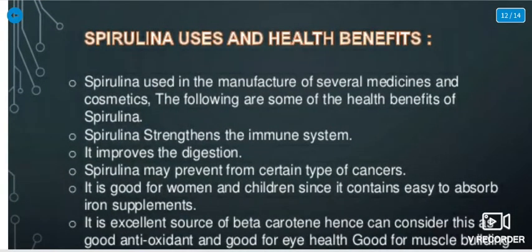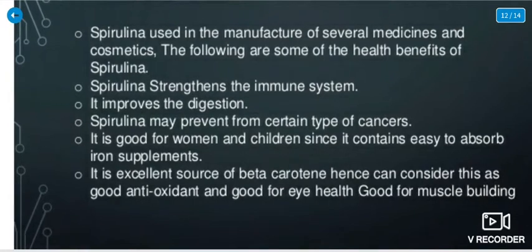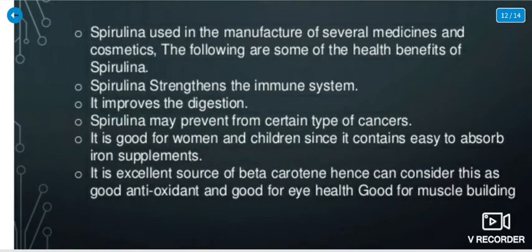The spirulina uses and health benefits: manufacturing of several medicines and cosmetics. The following are some of the health benefits of spirulina. Number one, spirulina strengthens the immune system in our body. Number two, it improves digestion. Number three, spirulina may prevent certain types of cancers.